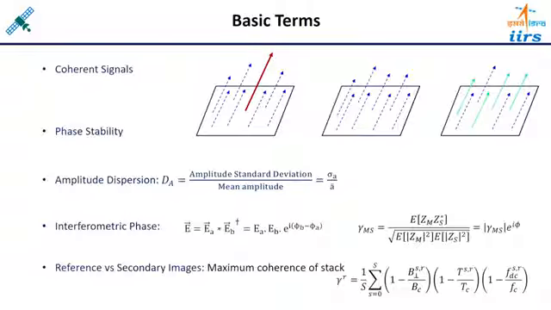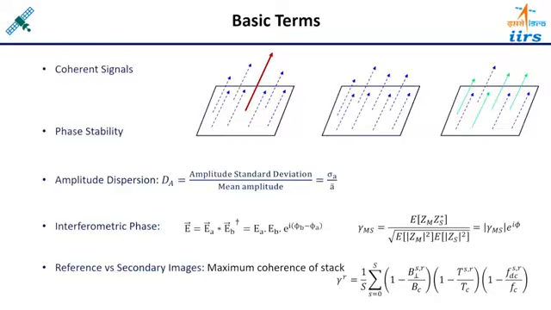The maximum size of the scene where we get correlated signals is called the critical Doppler frequency, and the actual one is less than that maximum size. Depending upon the strip map or ScanSAR or other acquisition modes, the actual scene size is much less than the critical value of the Doppler frequency.